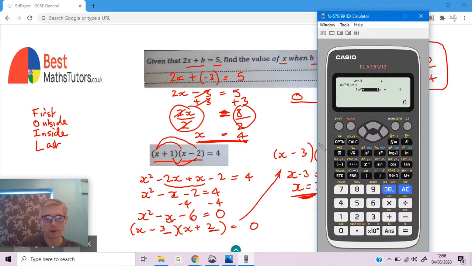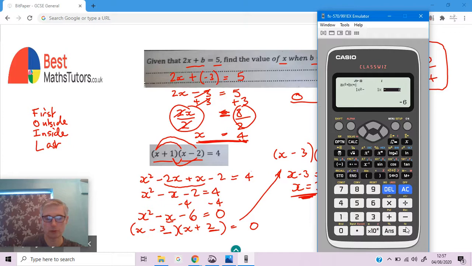So that one is minus 1, and we can press a minus there, and then 1, and that one's done. And then now finally we've got minus 6. And so press equals, there's our equation, 1x squared minus 1x minus 6.